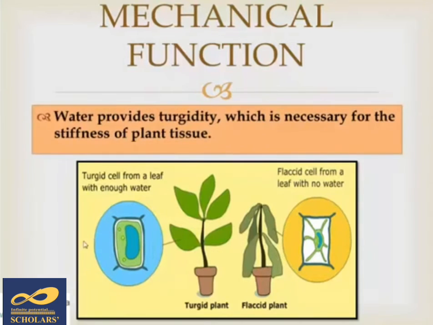As you can see in this figure, this is a turgid cell from a leaf with enough water, and this is a flaccid cell from a leaf with no water. With this figure, you can imagine the importance of water in plant.